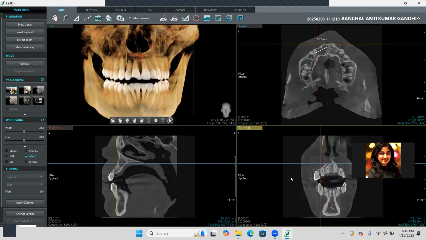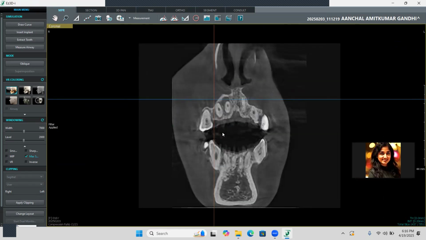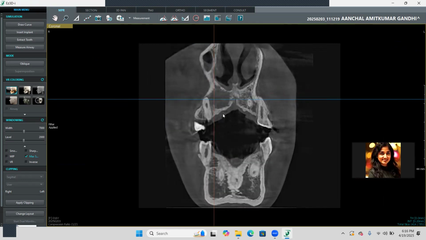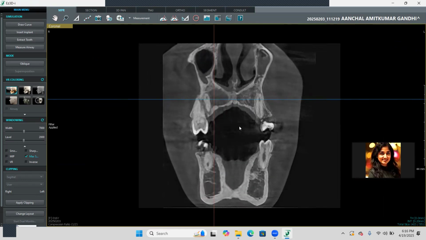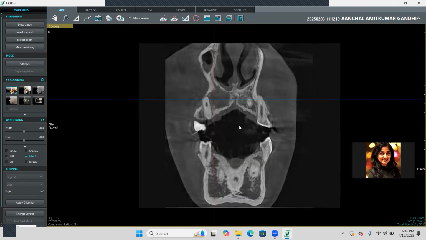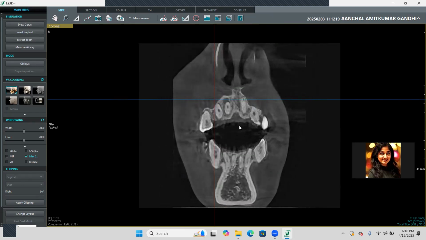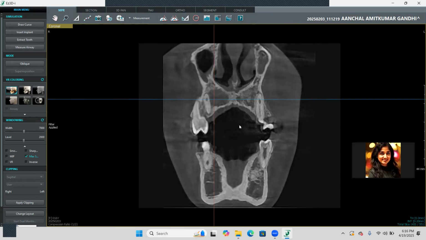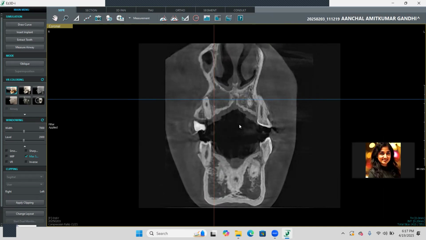We can go back to coronal section. In coronal section, we are not able to see in one go because the maxillary bone is a little proclined outwards. So as we scroll back, we can see the entire. So this is not apt for measuring the width. I measure the width with axial section only.